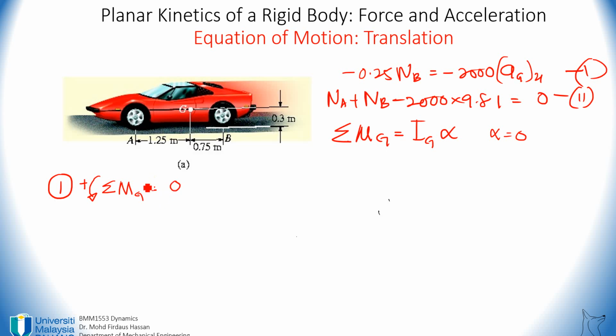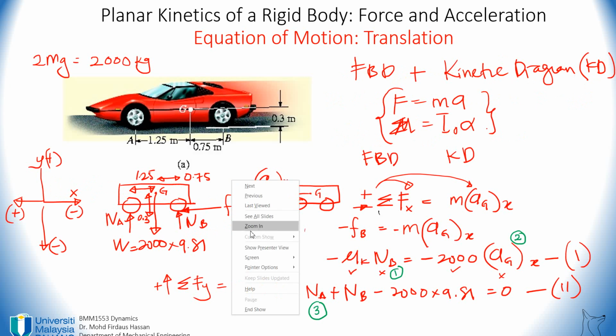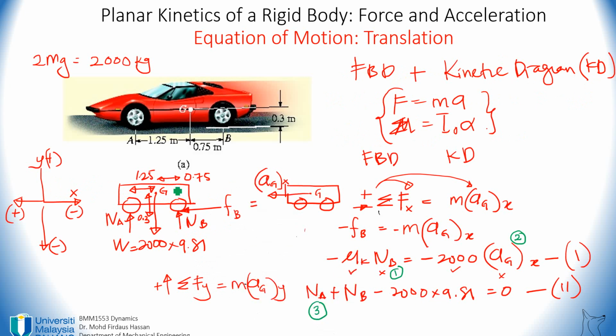So what we have here: the force NB, because we are referring to point G, you can imagine how this force acts by fixing at point G. It will create a counterclockwise moment.